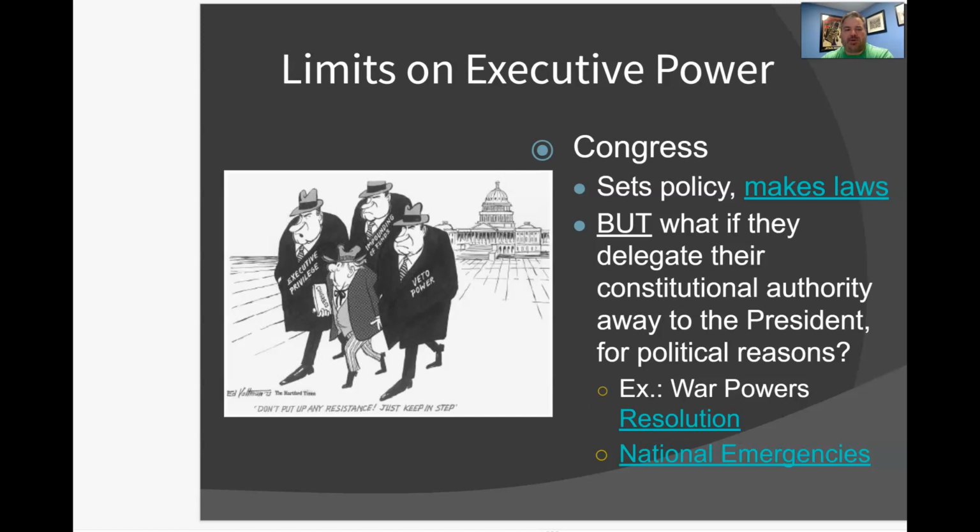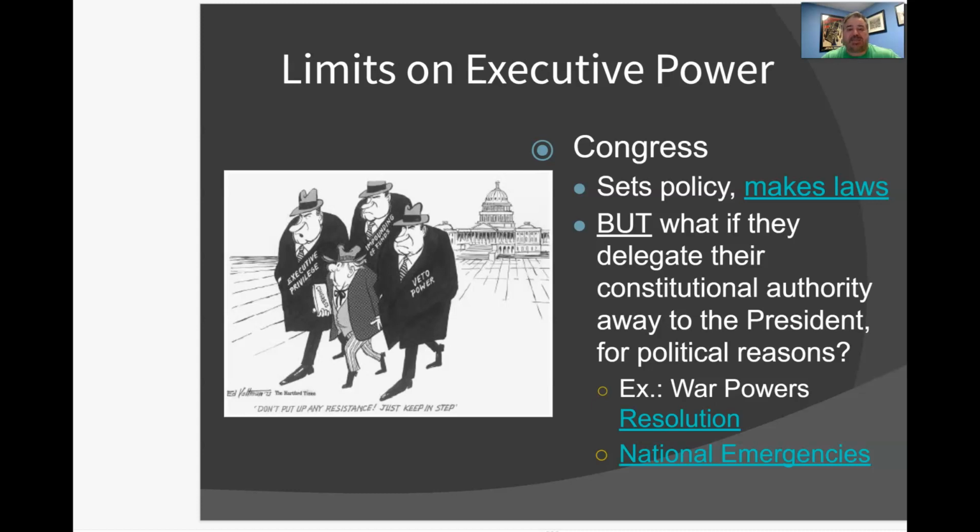And the idea that we haven't declared war, and yet we are acting as if we are in a war, creates this difficulty with this delegation of congressional power. Finally, national emergencies are a delegation of congressional authority. If the president declares a national emergency, then the president can redirect money, for example, to accomplish some emergency that might have occurred. Sometimes it's a hurricane.